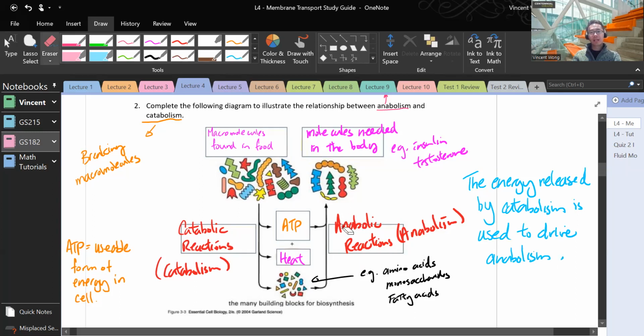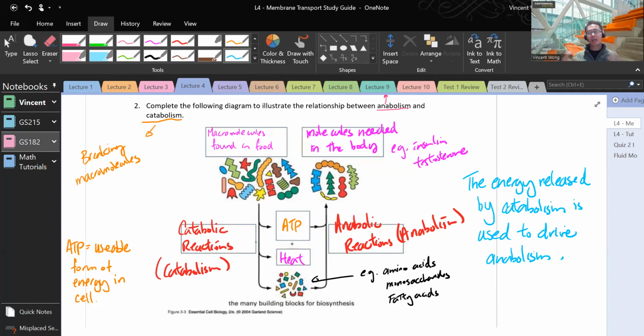Okay, so to build things, we need energy. Where do we get the energy from? From breaking down the food, right? So one drives the other. Of course, we use ATP for other purposes as well, but this is one example of how we use it. So collectively, all these reactions, the catabolic reactions, the anabolic reactions, all these things going on within the body, we call that metabolism in general. Okay.